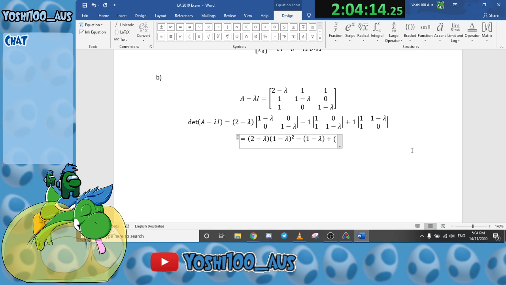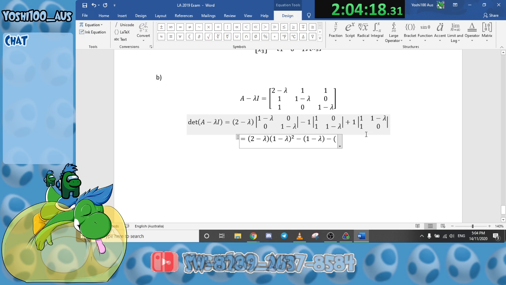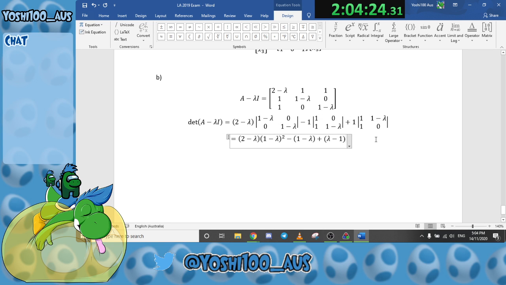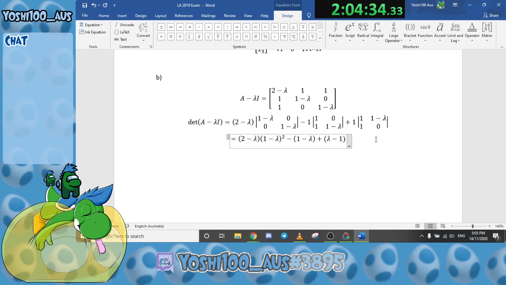Minus, actually. This ends up being minus, because this one's 0, and then you subtract. Oh, but then I'm gonna take 1 instead, right? Okay. And then you simplify it. Oh, jeez. Do I have to expand this all out? Oh no, I can write them all as... Oh, never mind. Smart time.